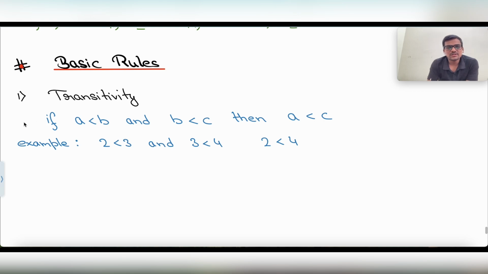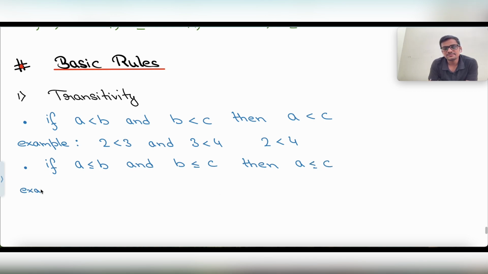And this is not only for the less than inequality. This is true for less than or equal to also. So if A is less than or equal to B and B is less than or equal to C, then A is less than or equal to C also.